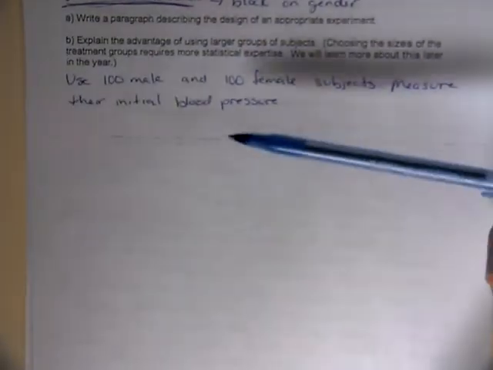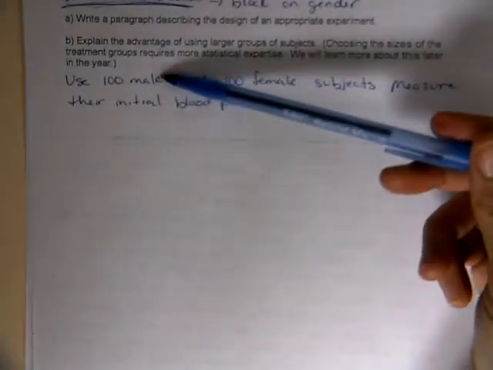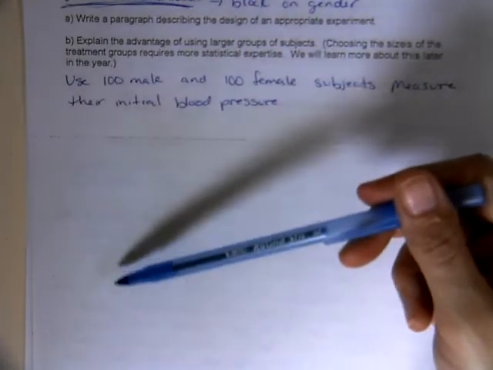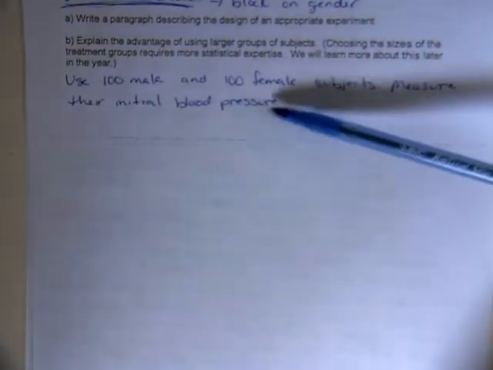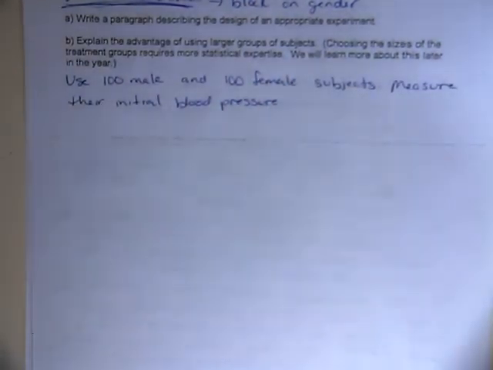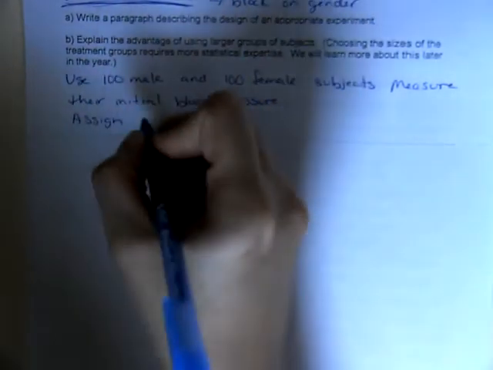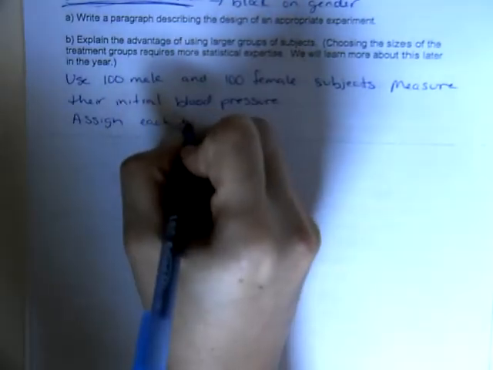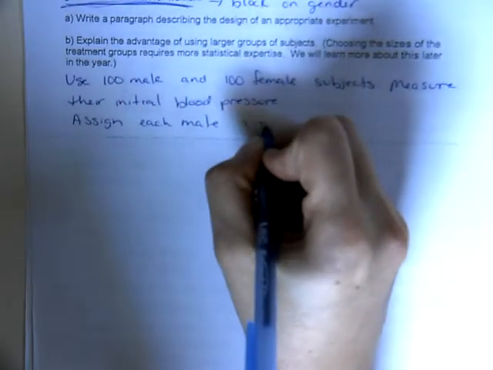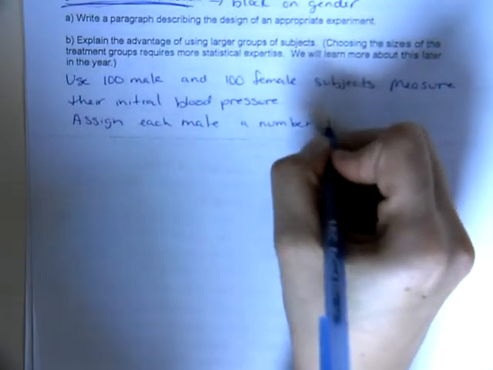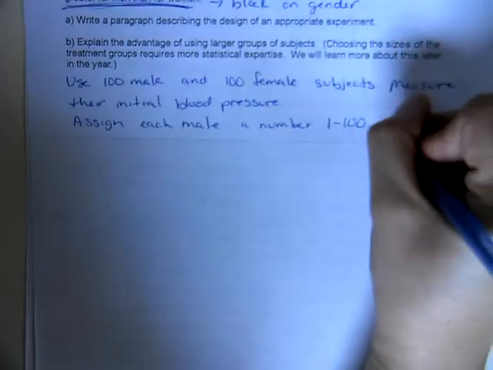Okay, now, to block, we're going to block based on gender. So I'm basically going to describe how I would divide the male participants up into a control group and a treatment group, and then I'm just going to say repeat for female. So, assign each male a number 1 to 100.